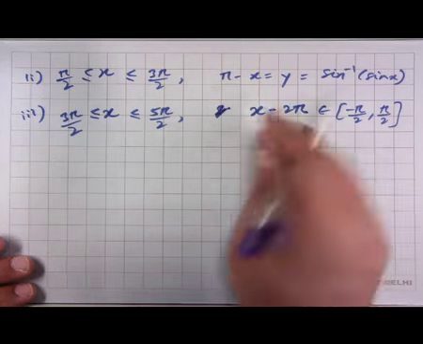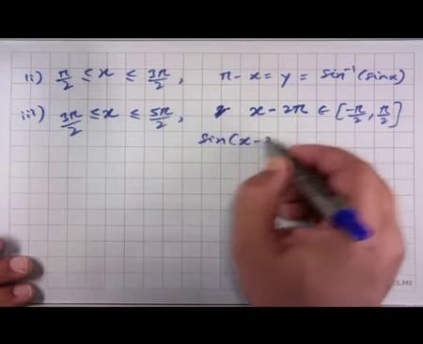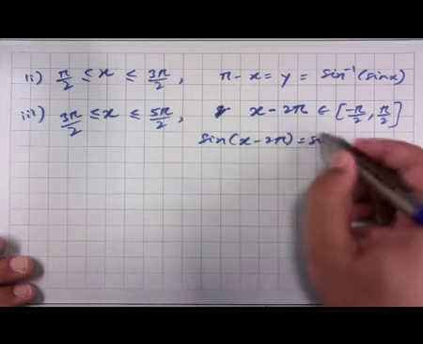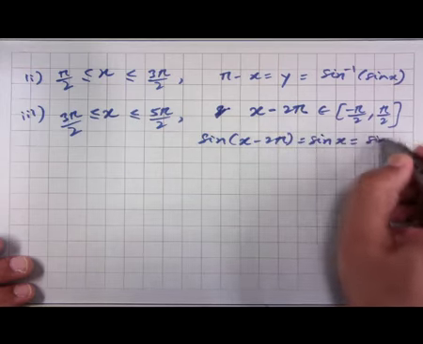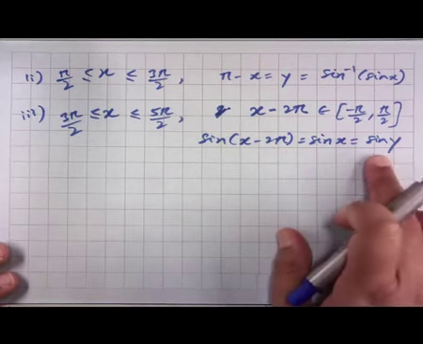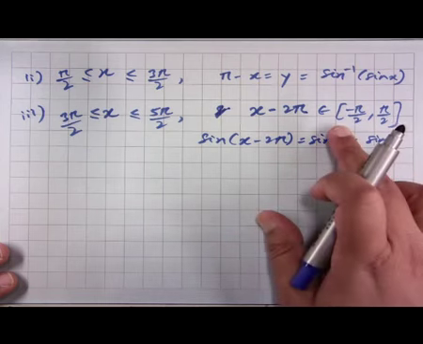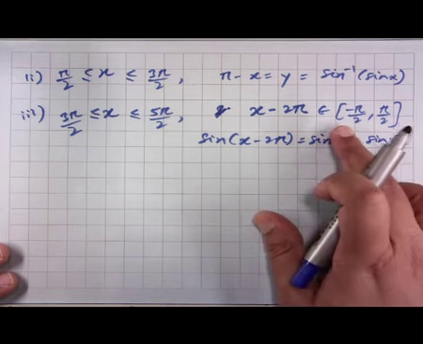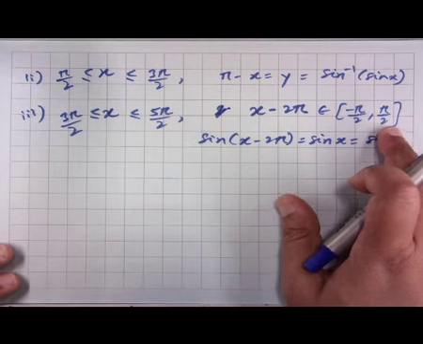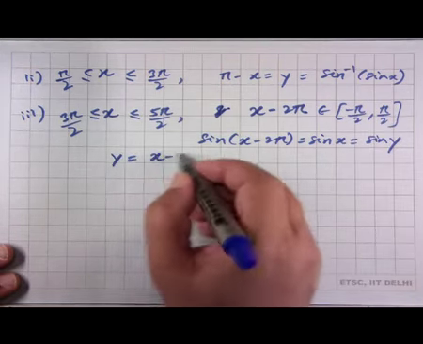Because we are just shifting x by 2 pi, it is clear that sine of x minus 2 pi is equal to sine x, which is sine y. So, here what we have is sine of x minus 2 pi is sine y, and both x minus 2 pi and y belong to the range set of sine inverse, which is minus pi by 2 to plus pi by 2, and therefore, it must be true that y is equal to x minus 2 pi.